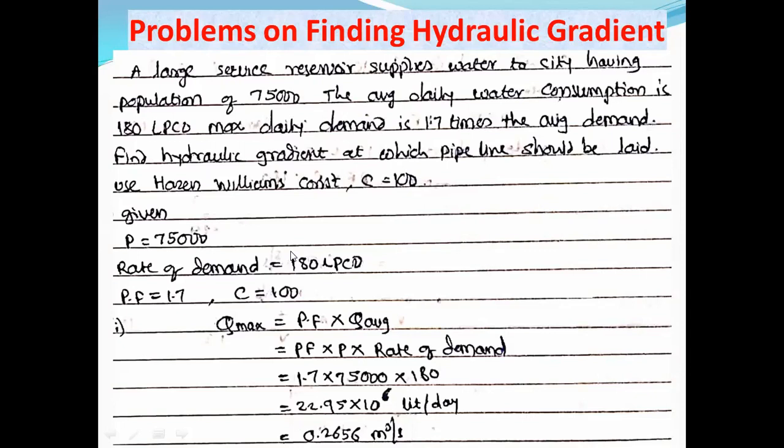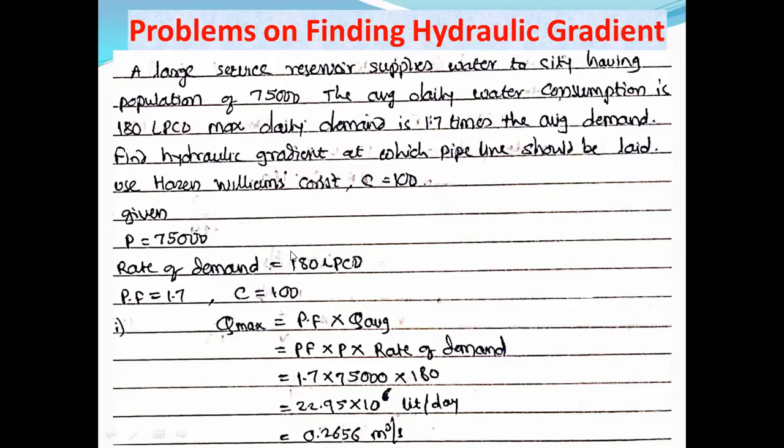180 LPCD is the average value. The maximum demand can be greater than 180 for a particular period of time, say from morning 8 to 9, while 180 will be divided over 24 hours accordingly.